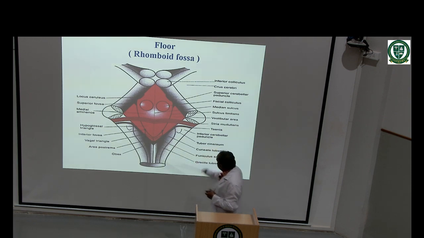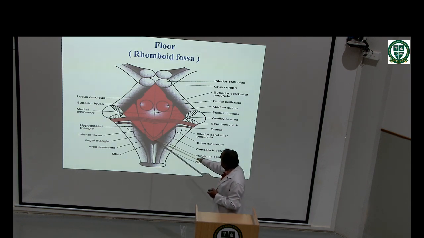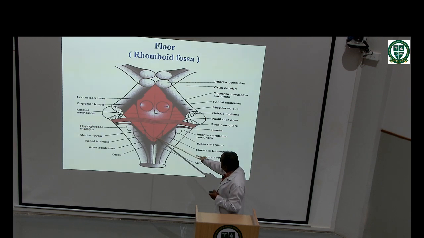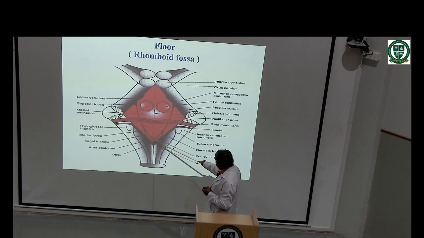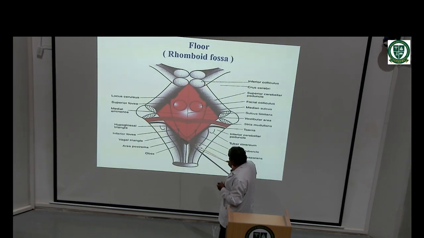In the vagal triangle, if you observe carefully, you get one line that is called the funiculus separans. This divides the vagal triangle into upper and lower parts, and the lower part is called the area postrema.